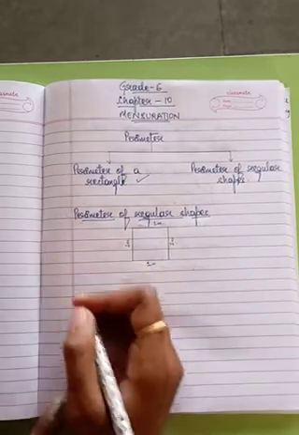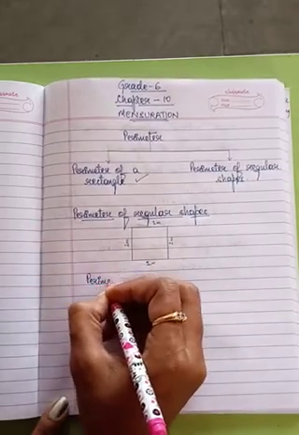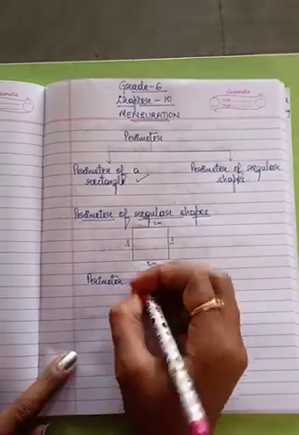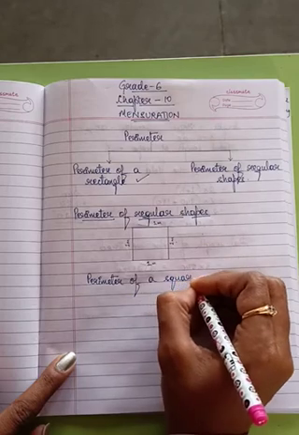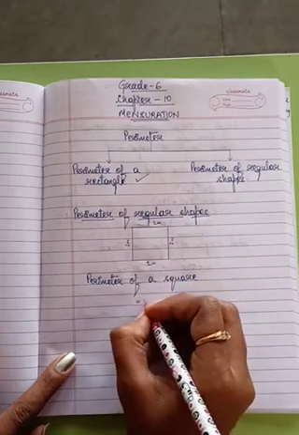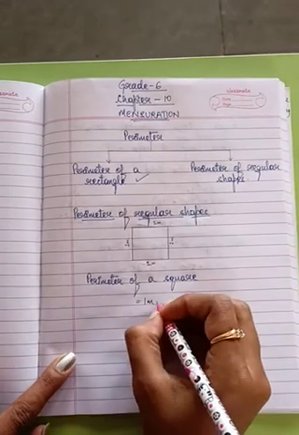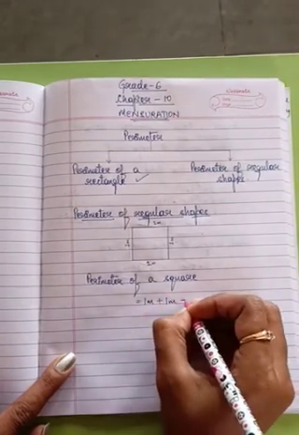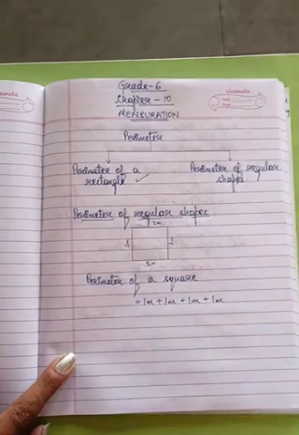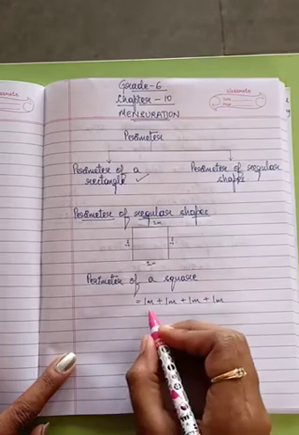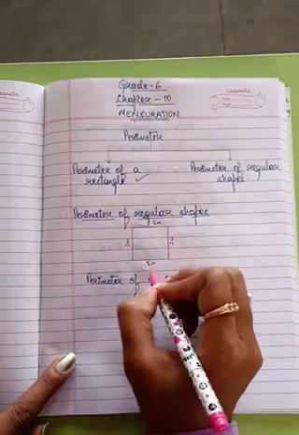So for this, let me write perimeter of a square is equal to 1 meter plus 1 meter plus 1 meter plus 1 meter. So here I have written it 4 times because there are 4 sides in this shape.